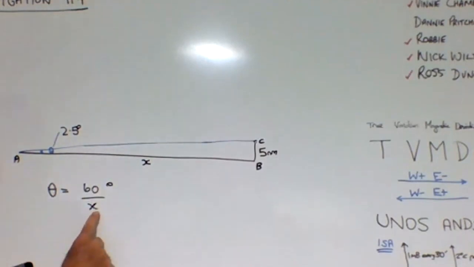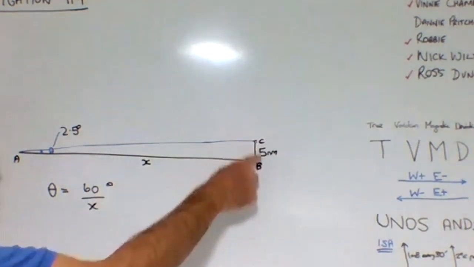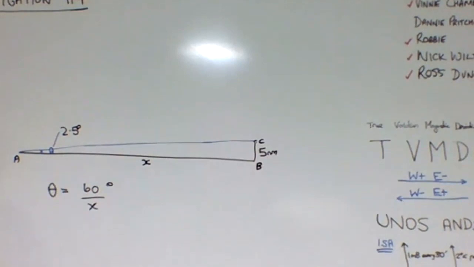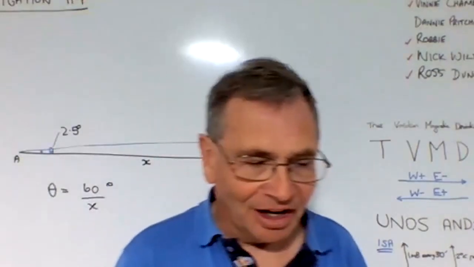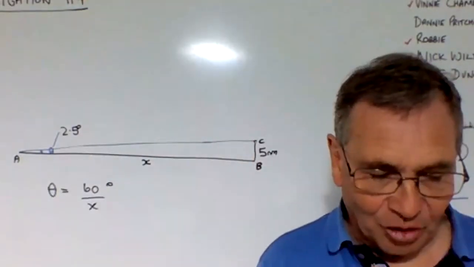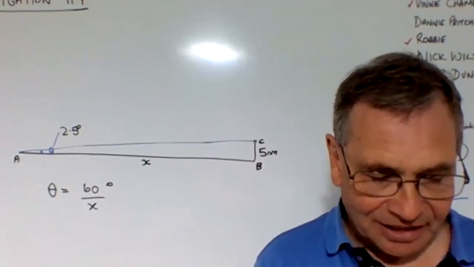So if x is 120, it's going to be 60/120, obviously times the error. So you can probably start to see how this is going to come into it. We're going to have quite a few formulas based on this.